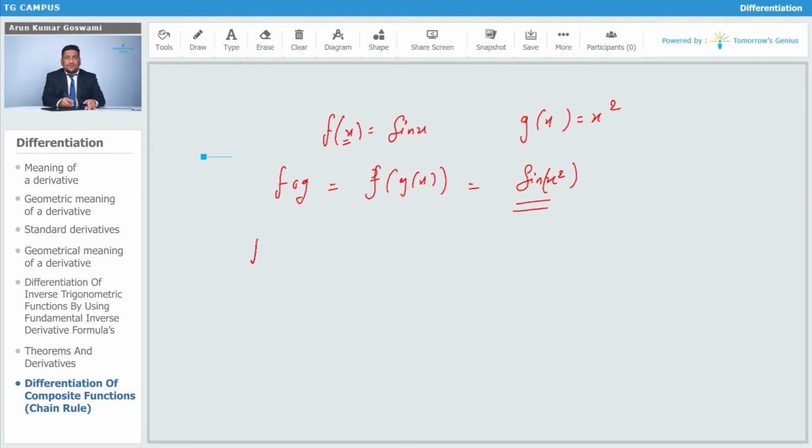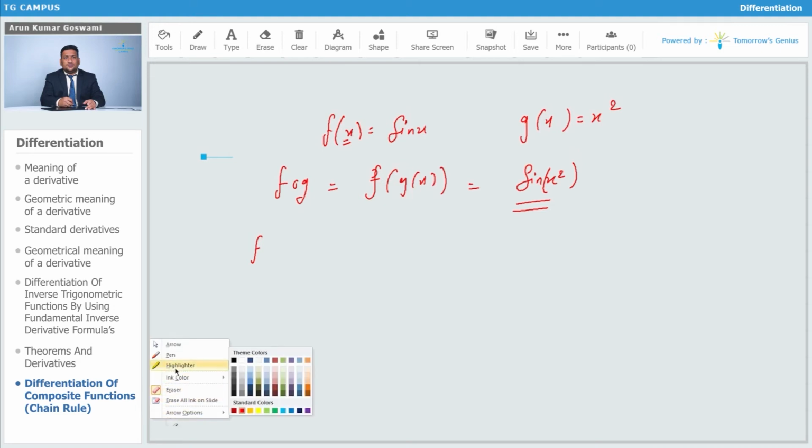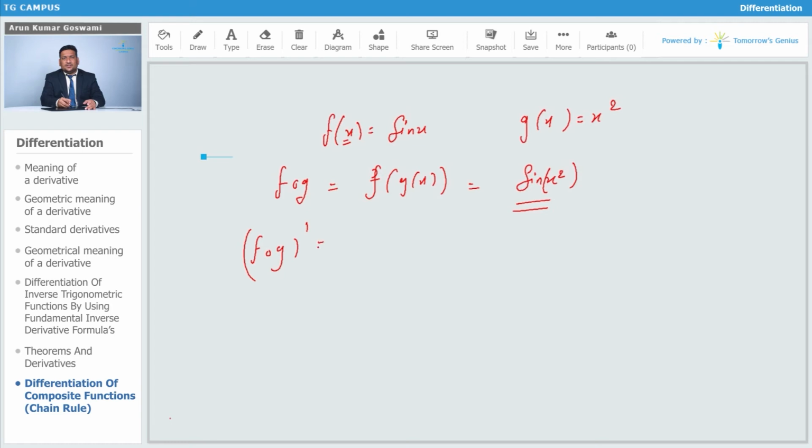So if I want to differentiate the composite function, the differentiation of fog will be f dash of g of x times g dash of x.